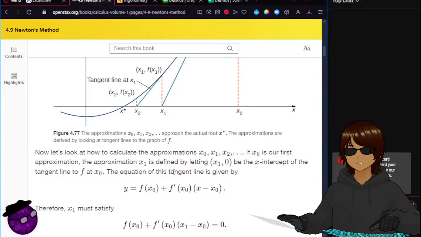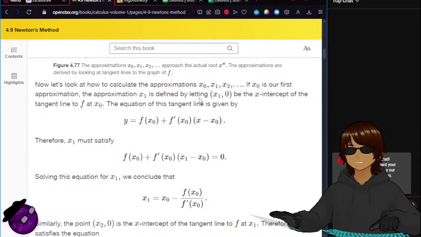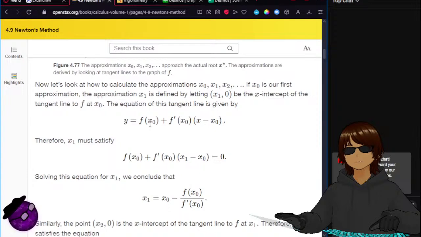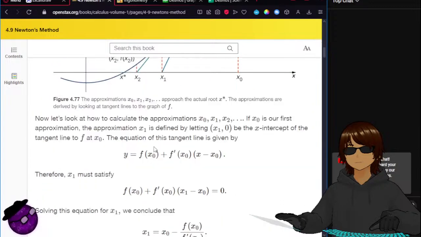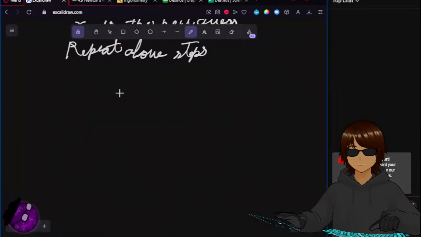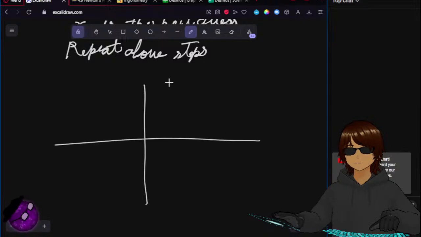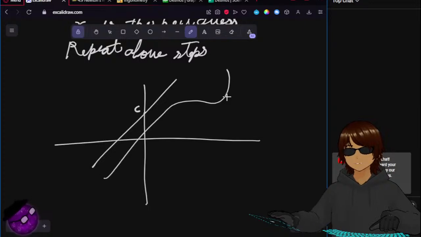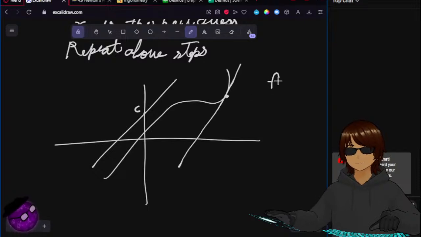Now let's look at how to calculate the approximations x0, x1, x2. Normally in a graph, we have y = mx + c, where c is the y-intercept. If you have a function, you want to find the tangent line here. The gradient is this.